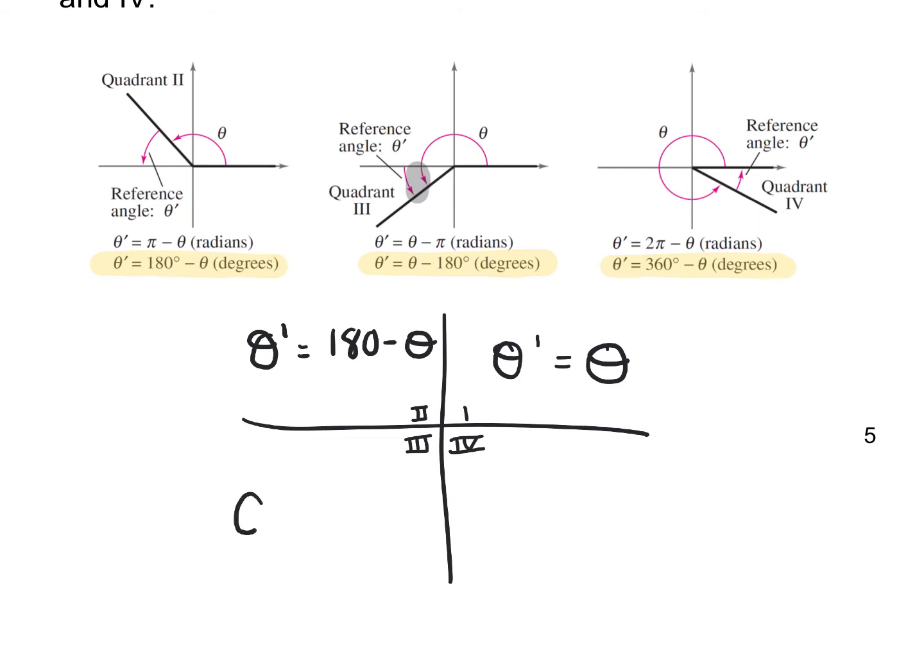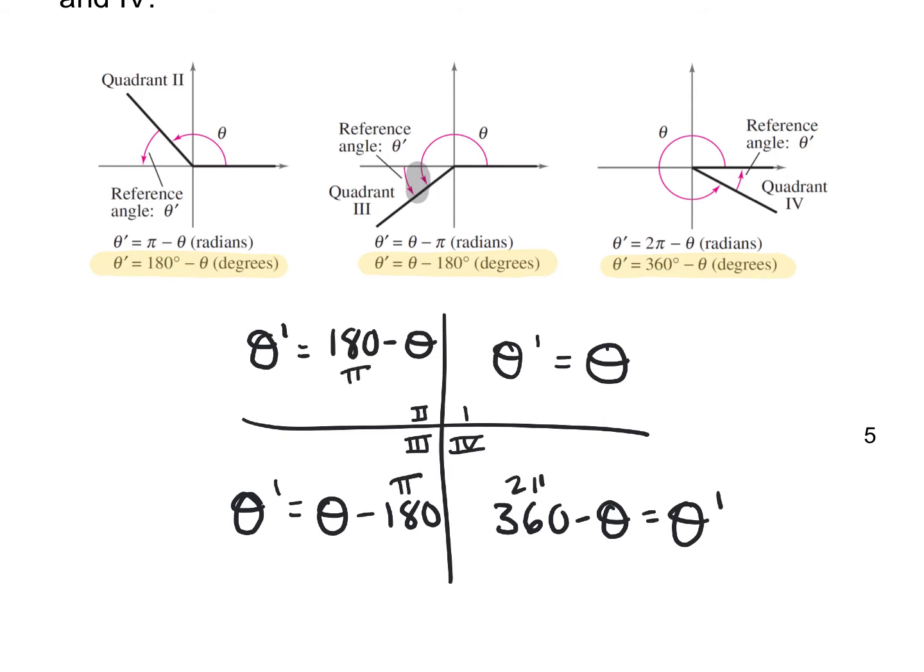Third quadrant, your reference angle is going to be theta minus 180. And the fourth quadrant would be 360 minus theta. And then just know 180 is the same thing as pi, and 360 is 2 pi. So you can always interchange from degrees to radians.